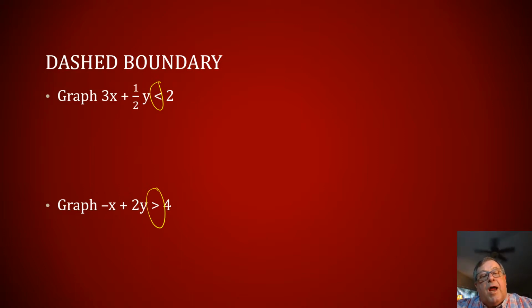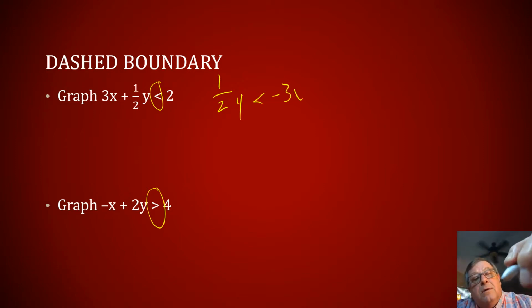All right, so if I have 3x plus 1/2 y is less than 2, I may want to start by subtracting 3x from both sides. And once I do, then I'm going to have 1/2 y is less than negative 3x plus 2. And so I've got this 1/2 y. Well, if I want to isolate the y, since that's actually y divided by 2, then I want to multiply both sides of the inequality by 2.